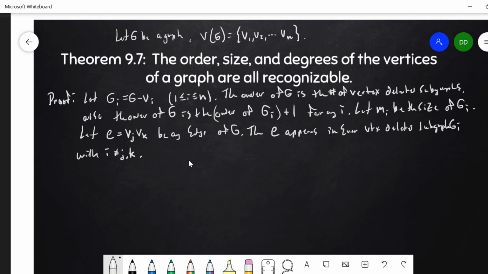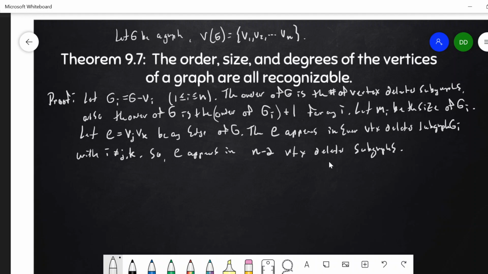As long as i is not equal to j or k, e will appear in there. So e appears in n minus 2 vertex deleted subgraphs. And e was an arbitrary edge, so this is true for every edge of the graph. Each edge appears in exactly n minus 2 vertex deleted subgraphs.